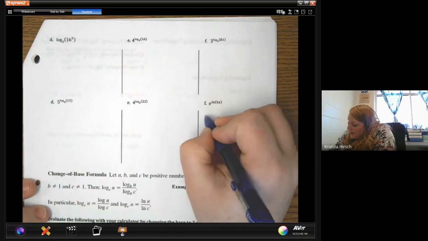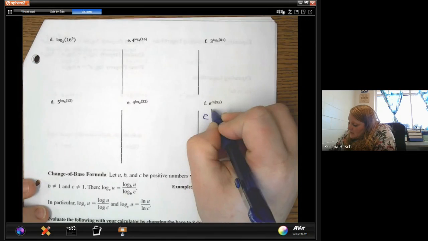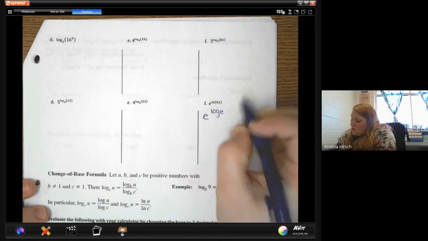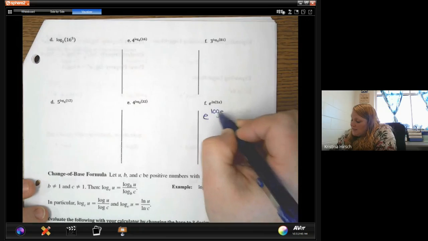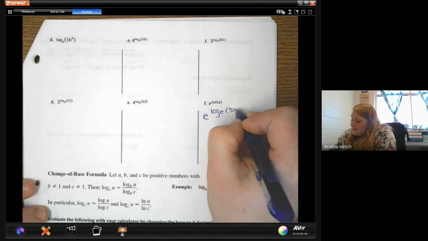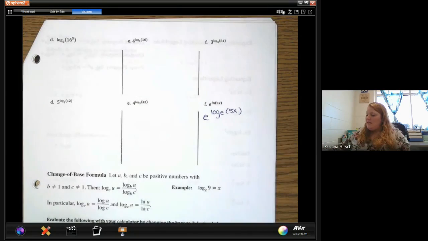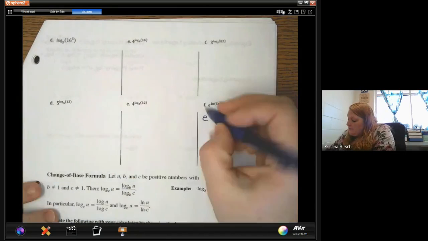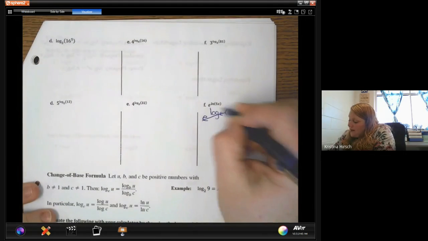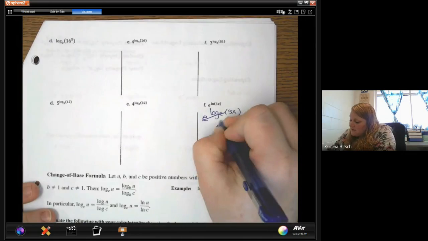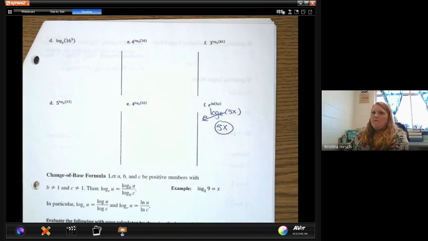Remember, ln is the same thing as the log base e. So I'm replacing it with log base e of 5x. What do we do when we have e raised to the log base e? As long as it's an exponent, that's 1. 1 times 5x is 5x. I'm doing more of those examples with you, but that's how that works.